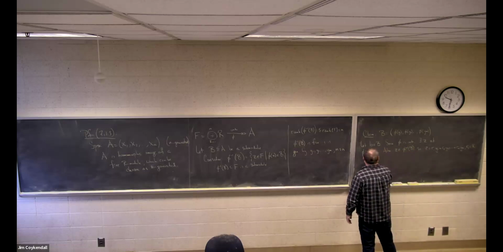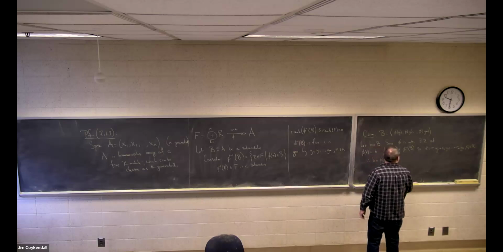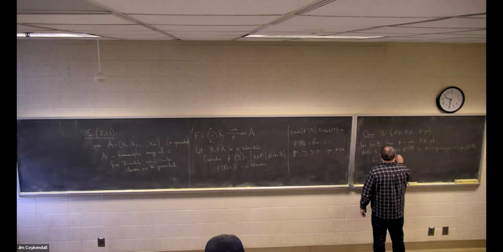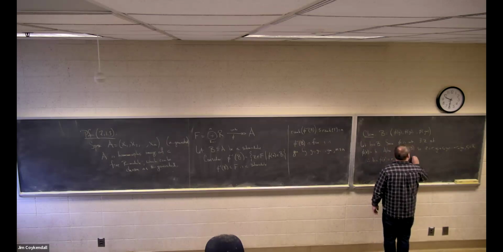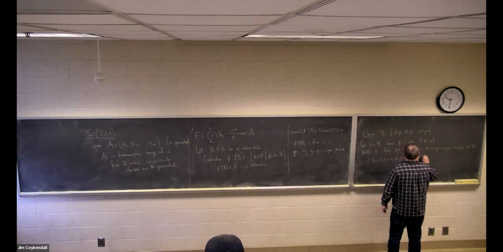Therefore, P of z is equal to r1 P y1 plus up to rm P ym.